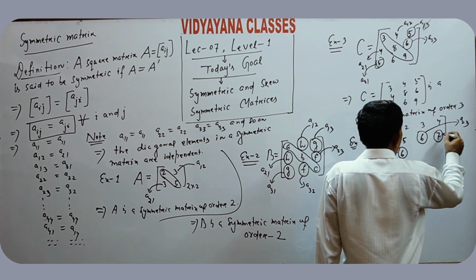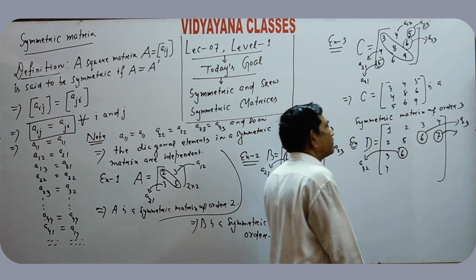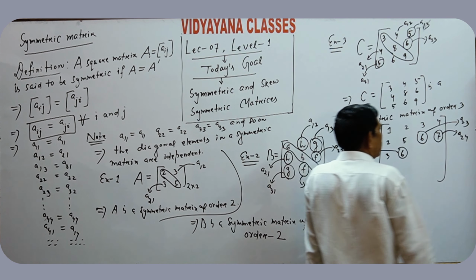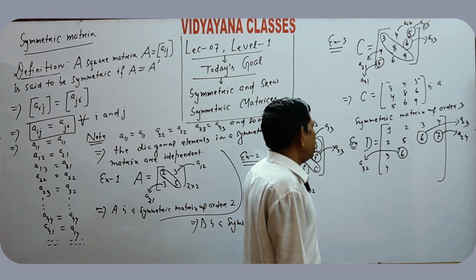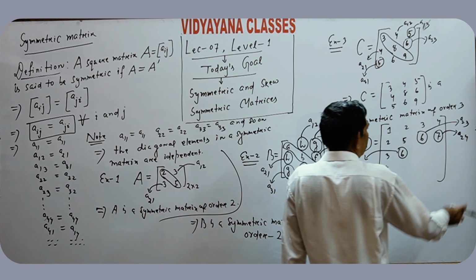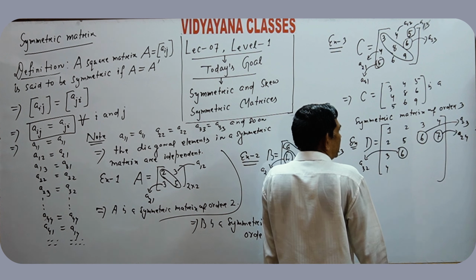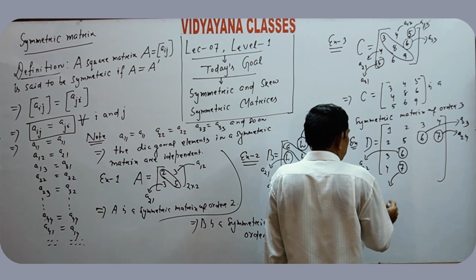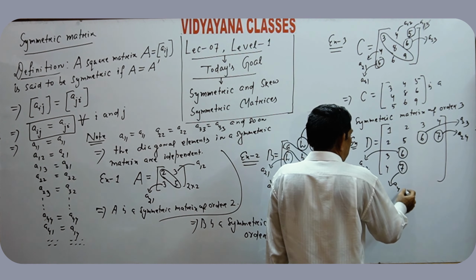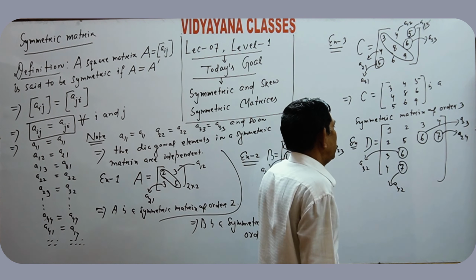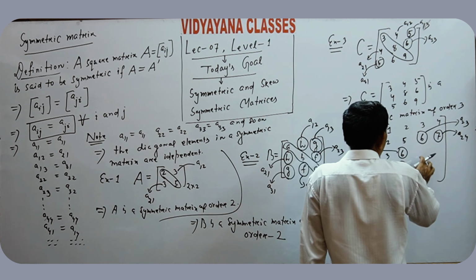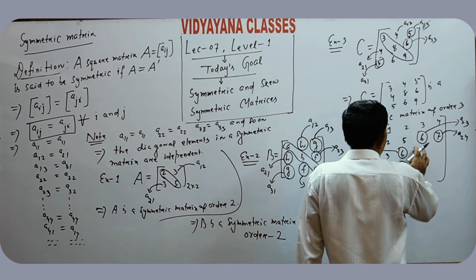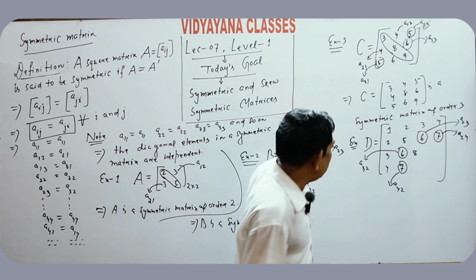The element of second row fourth column will be the same as the element of fourth row and second column. It is 7. The diagonal element, we can take it 8.